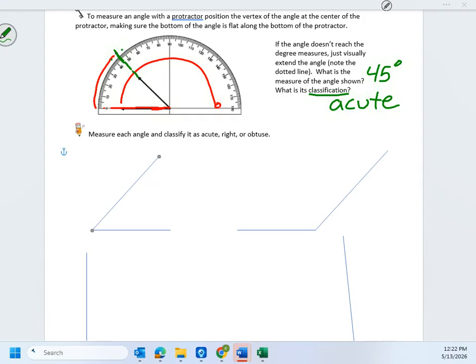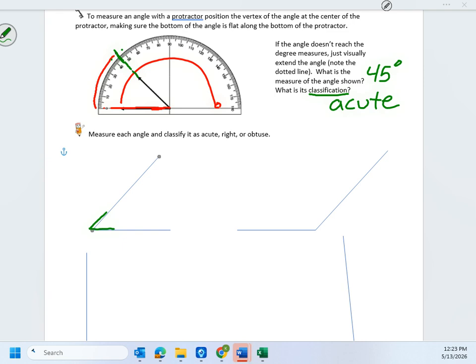Here's the trick to know, did I use the right numbers on my protractor? Always look to see. You can visually see that is smaller than 90 degrees, right? It's acute. It's little. So my degree measurement shouldn't be 100 and something, right?